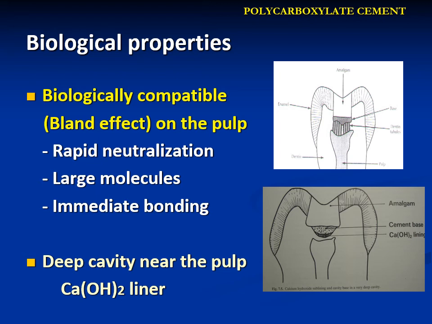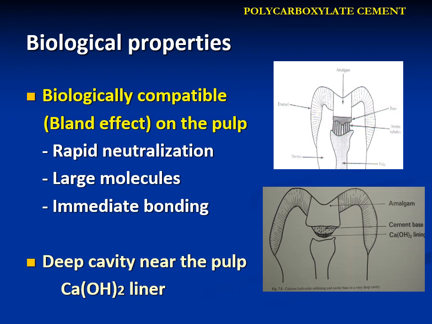So this makes us able to use it in a deep cavity. We can use this type of cement because it is not irritant to the pulp, and that's why it is used as a liner. It's used as a liner because of its biological compatibility to the dental pulp.